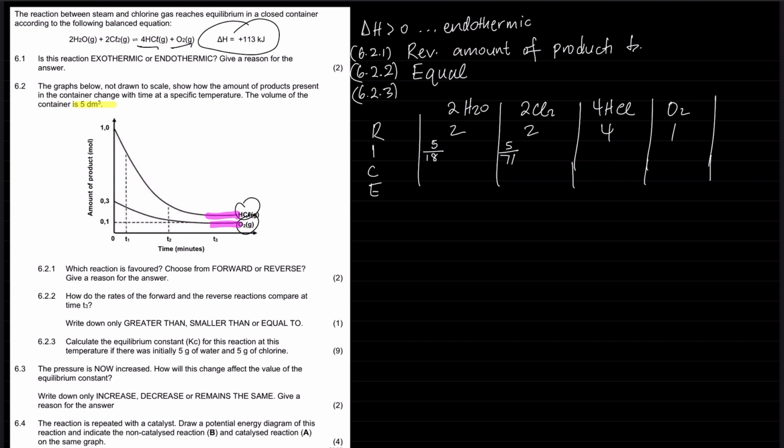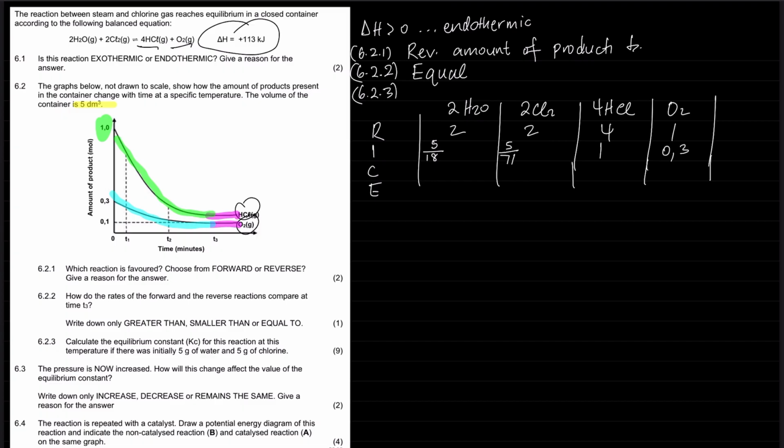And for HCl, the initial amount we get from the graph. So we look at HCl. HCl was 1. So we'll put 1 here. And for O2, if we follow that graph, O2 right here, 0.3.